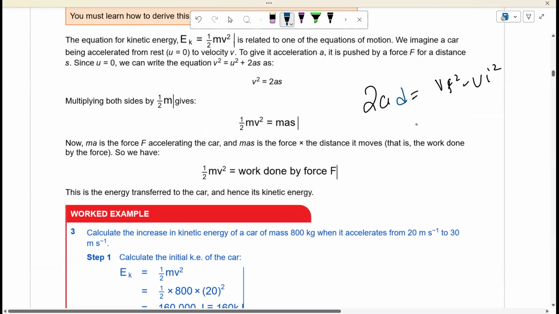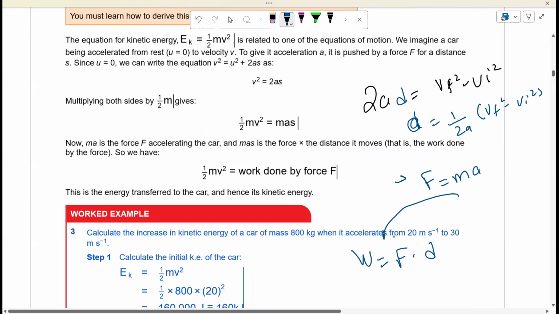Okay. From here, d will be equal to 1/2a into vf square minus vi square. We know the equation f is equal to ma. Okay, just keep these equations in your mind. We know work is said to be done as W is equal to fd.